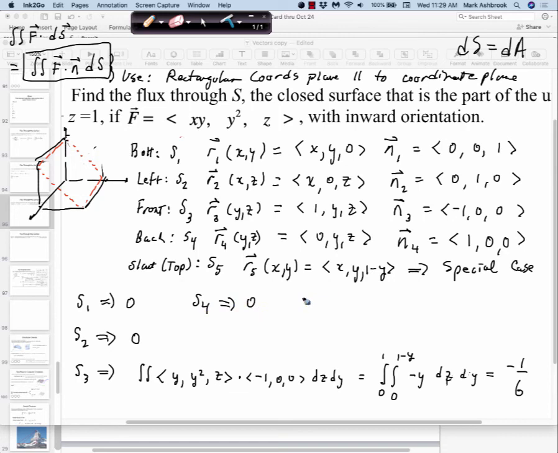So my F dot n for S4 is 0. I'm looking at S4: xy will be 0, y squared will be y squared, and z will be z. But my n vector for S4 is 1, 0, 0. So that's the integral of 0. So it's going to be 0.